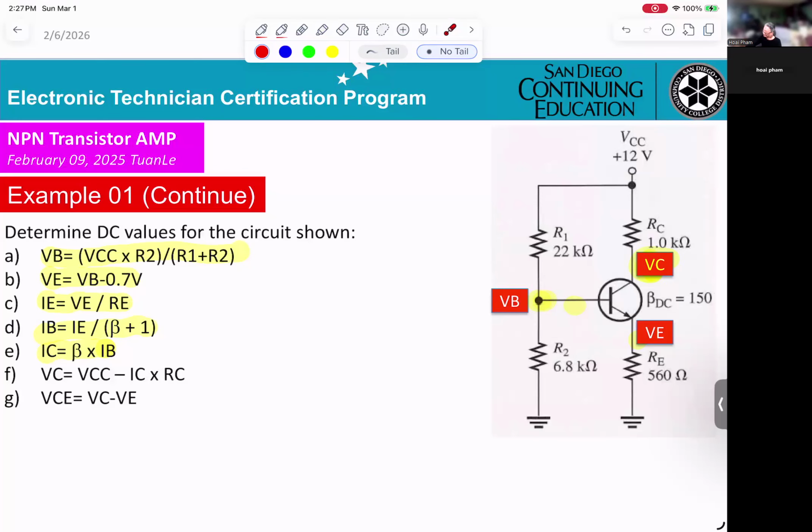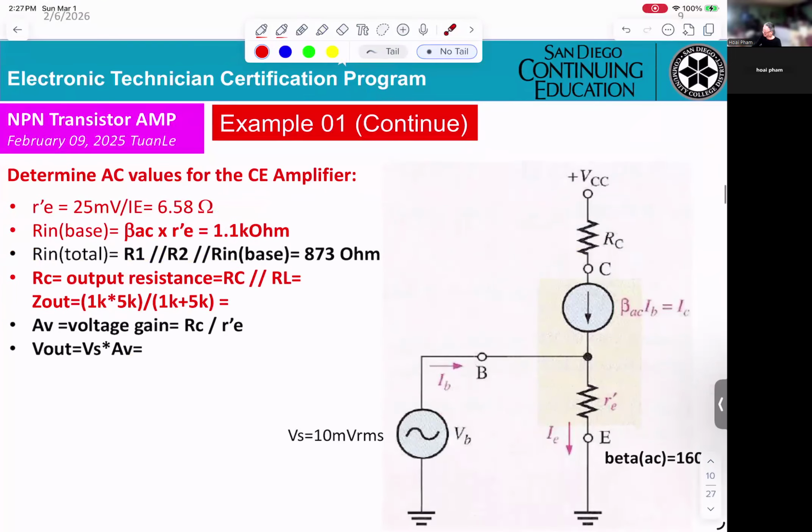Okay? Now, they want some AC values for the amplifier. First thing, you can see that at the VB, you get 10 millivolt RMS.